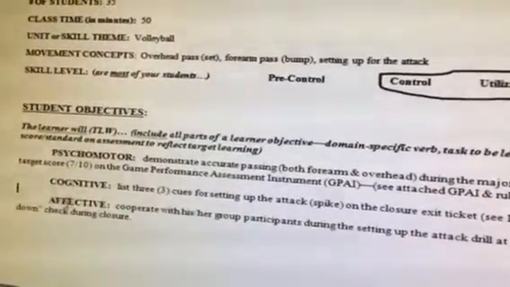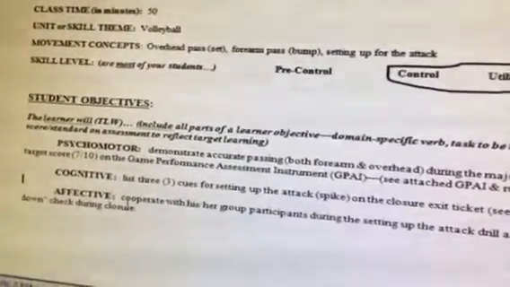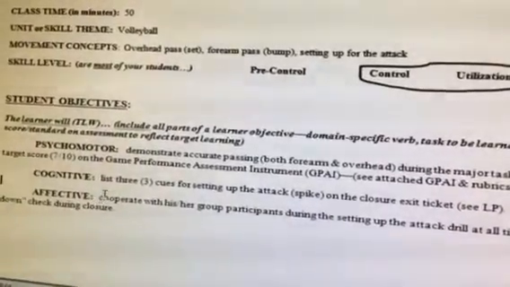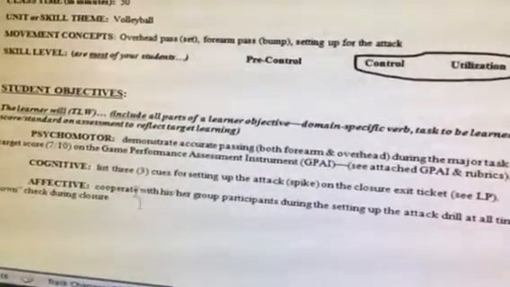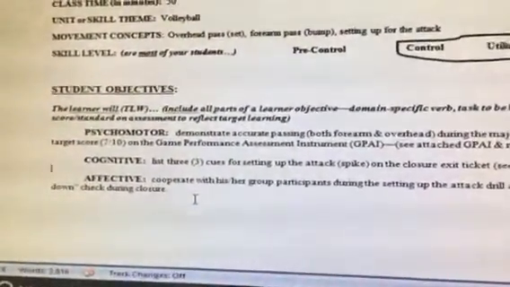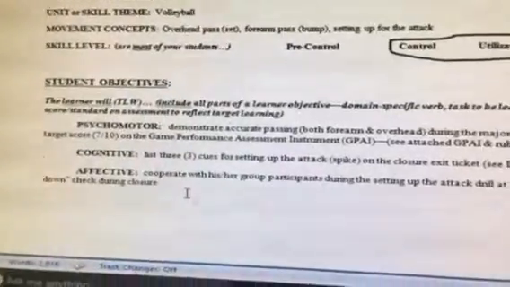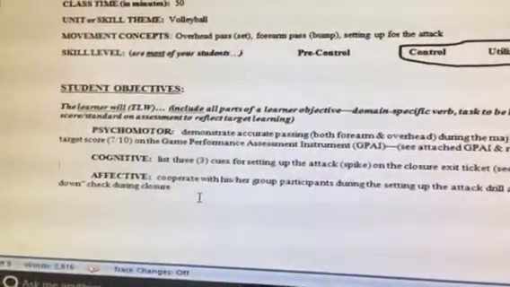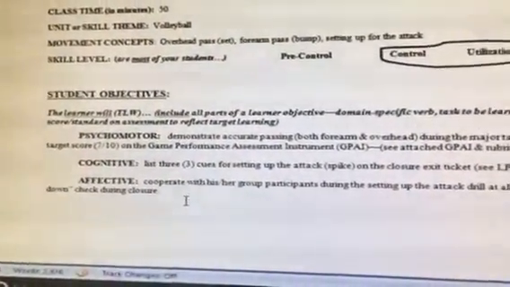And then obviously you want to address the affective domain, and those domain-specific verbs are cooperate, display teamwork, display compassion, empathy. You want to use those kinds of domain-specific verbs when you're specifically looking at the different domains.